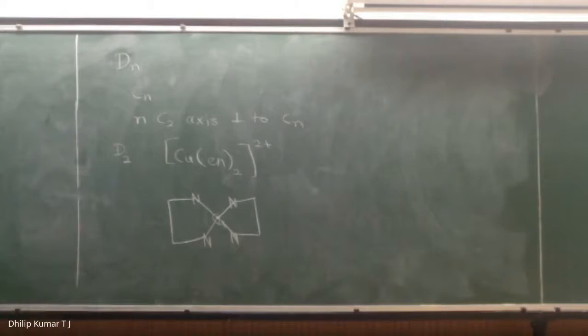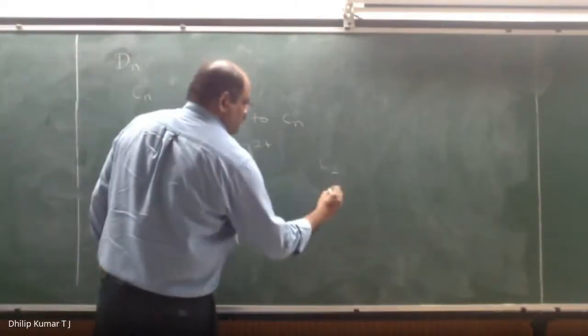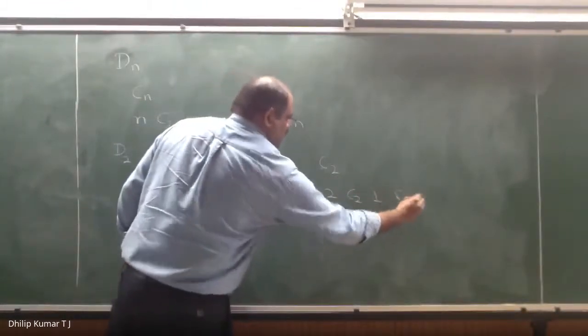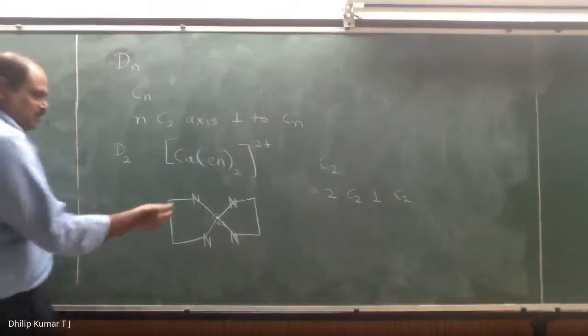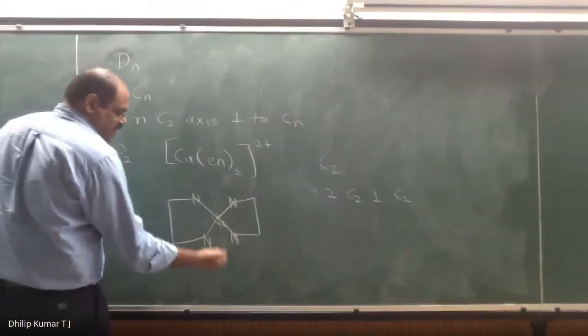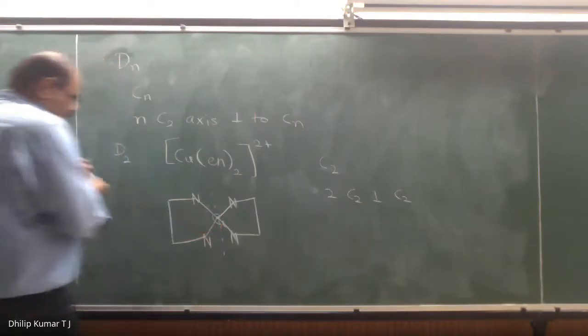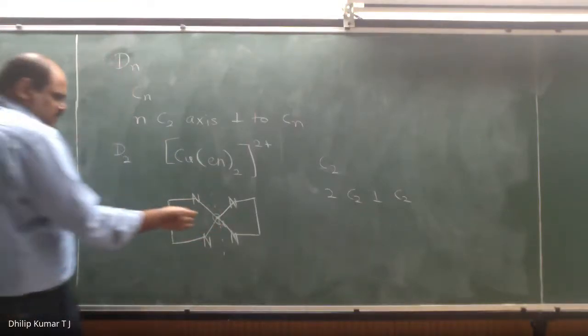So here you can see that it has C2 and 2 times C2 perpendicular to the first C2. So the principal axis is C2. If you put a dotted line, I just consider this is going through this board, passing through this copper, C2.